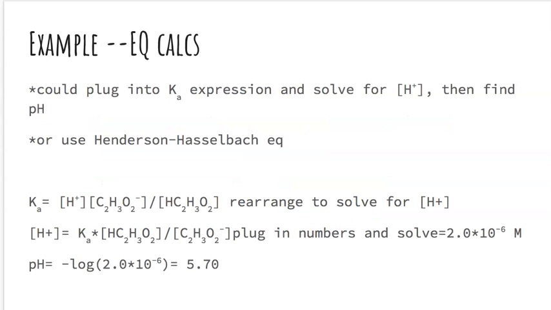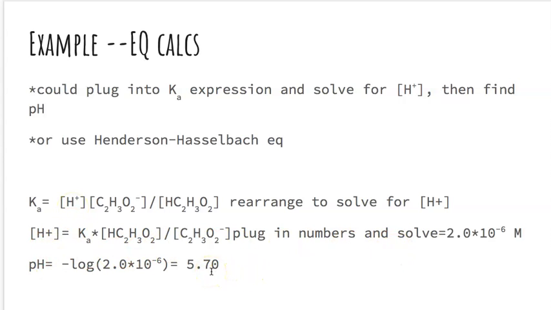And now, to find the pH, I could do this a bunch of different ways. I could use my Ka expression and solve for H+, or I could use the Henderson-Hasselbalch equation. That'll probably go a little faster for me, since I know HA and I know A-. So you could do the algebra here and rearrange for H+ and solve and get the pH.